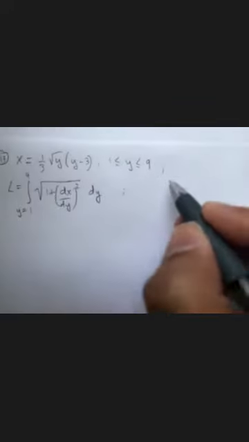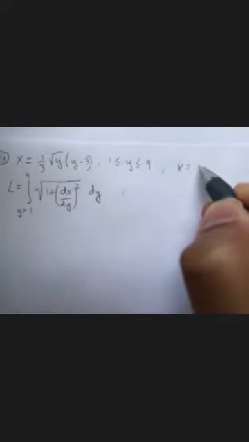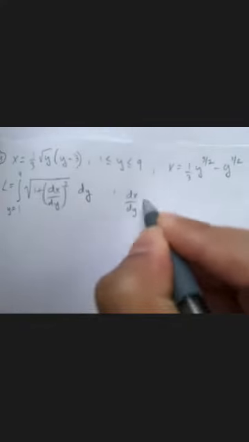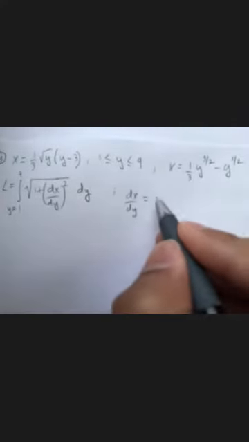Let me rewrite x here as... so dx over dy, just by simple power rule.